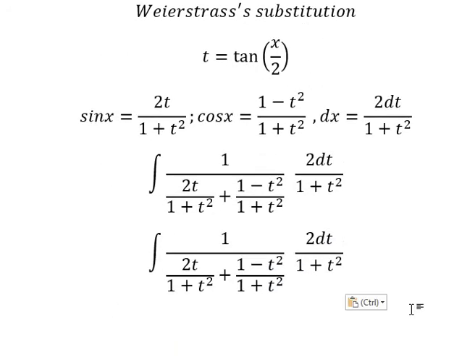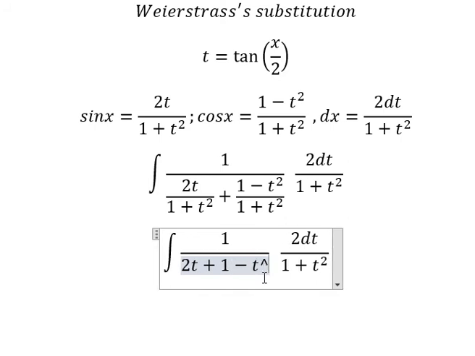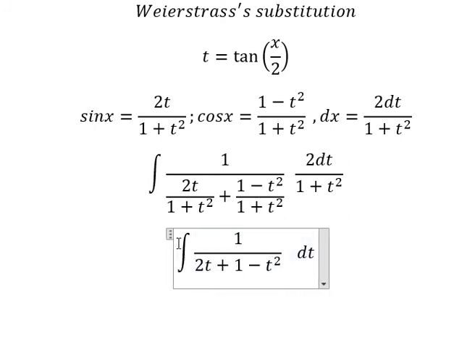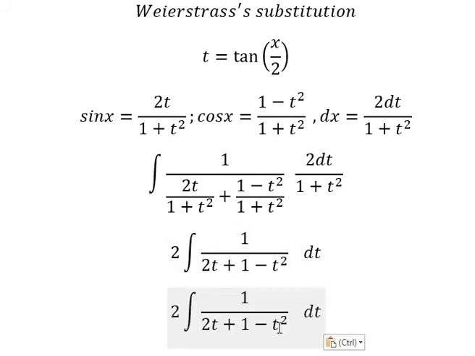Now we simplify 1 plus t squared by this one. So we need to arrange a little bit.